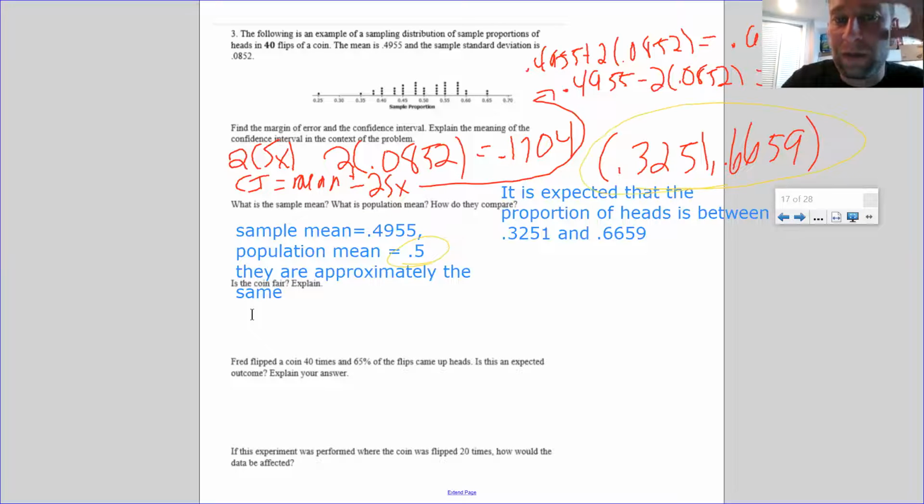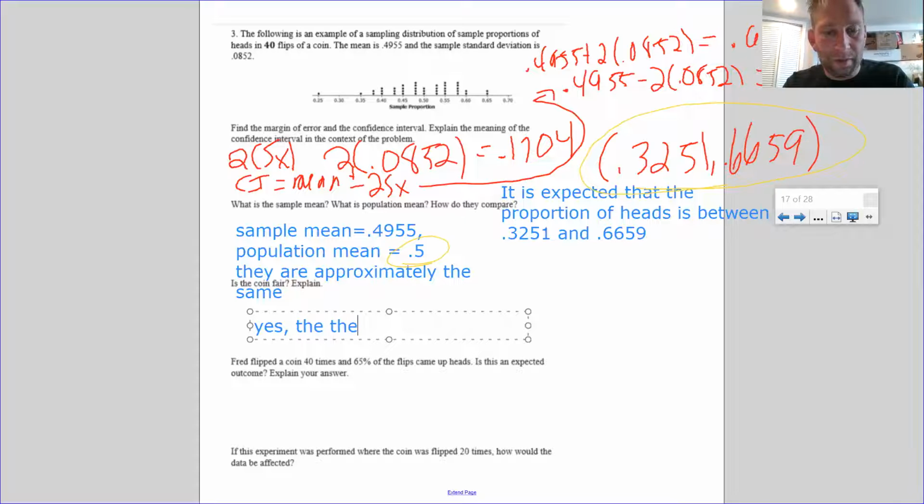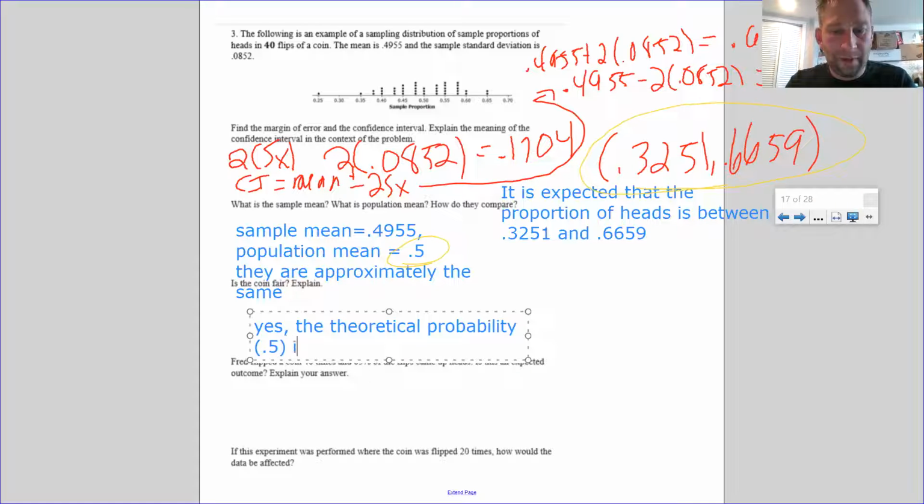There's my confidence interval. Is my theoretical probability inside the confidence interval? Yes. So I'm going to say yes. Yes, the theoretical probability 0.5 is inside the confidence interval.